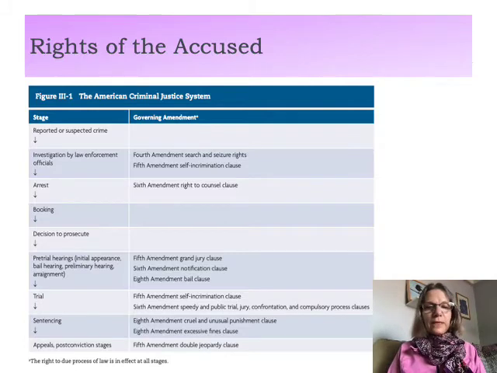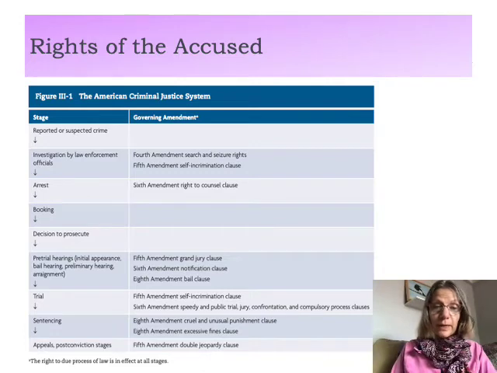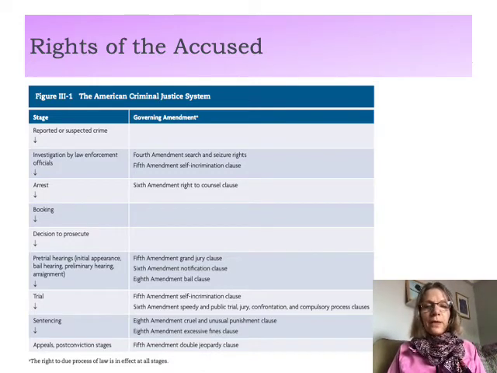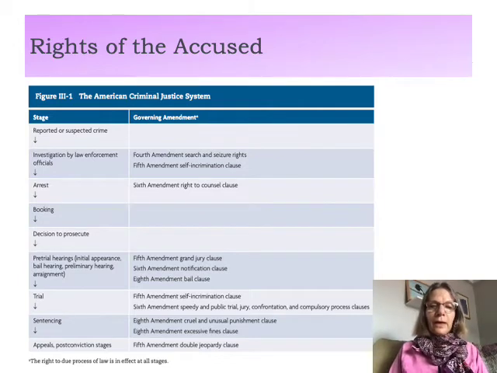The first thing the cops do is begin investigating a crime, and both the Fourth and the Fifth Amendment are triggered as part of that investigation. The Fourth Amendment has to do with what is considered a reasonable search and what needs to be in place for you to get a warrant to search somebody. The Fifth Amendment matters because part of the investigation is talking to people the cops think might be involved in criminal activity.